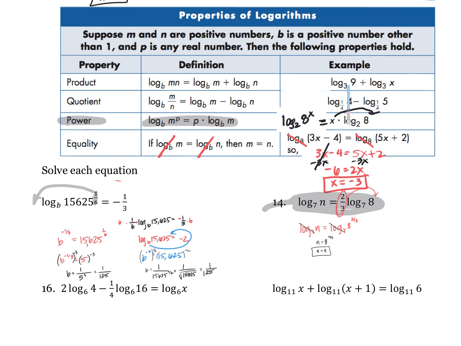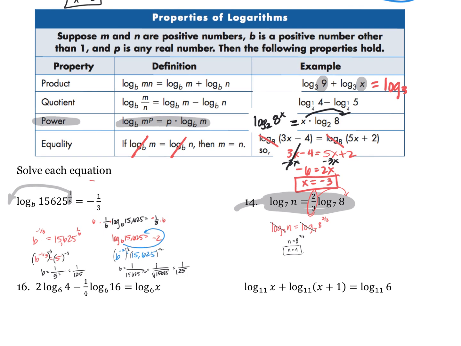If I want to condense these 2 logs, they have the same base. It's a must. I can condense these by saying log base 3 of, what do I do with my 9 and my x? I multiply them and I get 9x. Because these 2 logs are being separated by addition, we get to combine them into 1 log by multiplying.